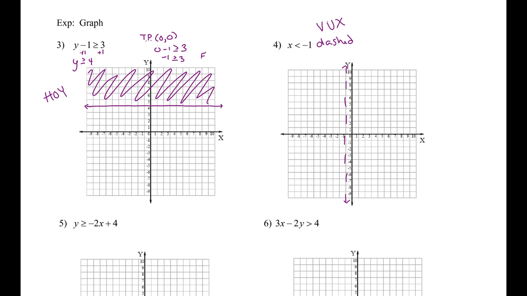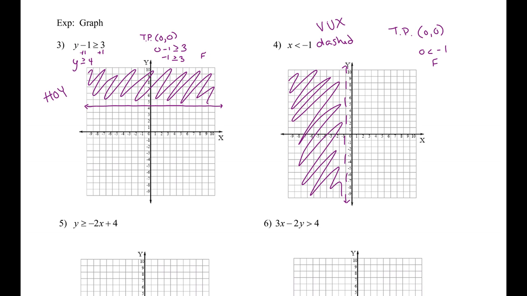And I'm once again going to use 0, 0 as my test point. So I have 0 is less than -1. This is false. So because 0, 0 is on the right side of my line and it gave me a false answer, I'm going to shade on the left side of my line.